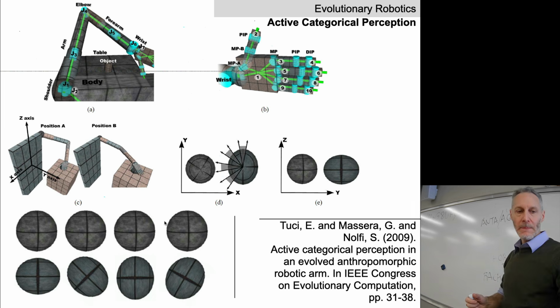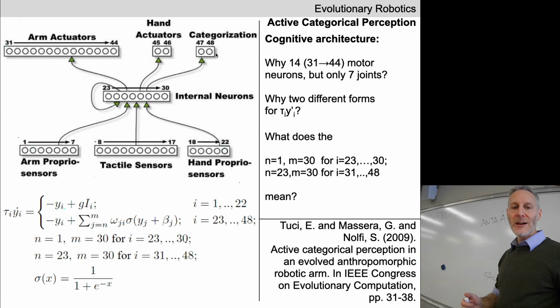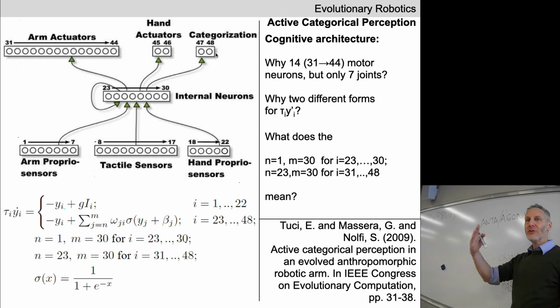Okay. What do you think 47 and 48 represent? Remember, at every time step, we're going to propagate values from the input layer to the hidden layer to the output layer. So at every time step of the simulation, there are going to be floating point values inside neuron 47 and 48.